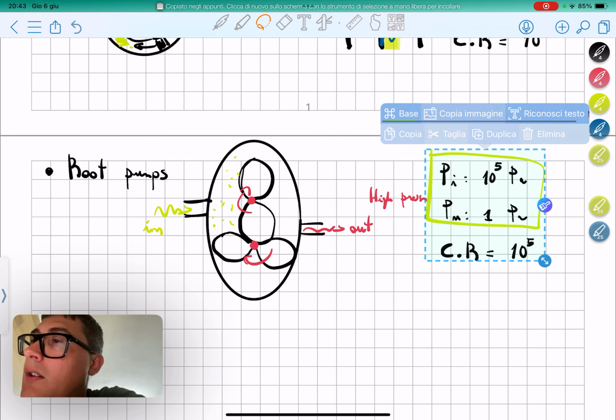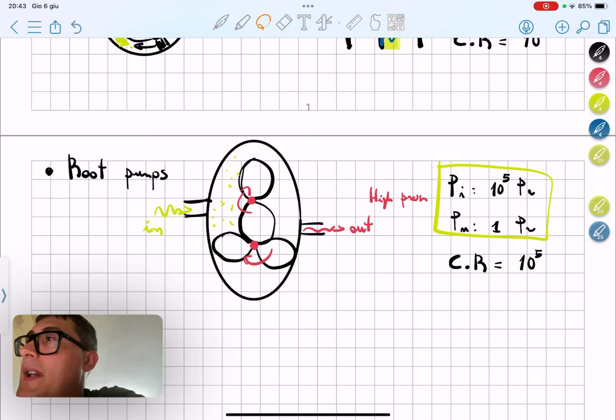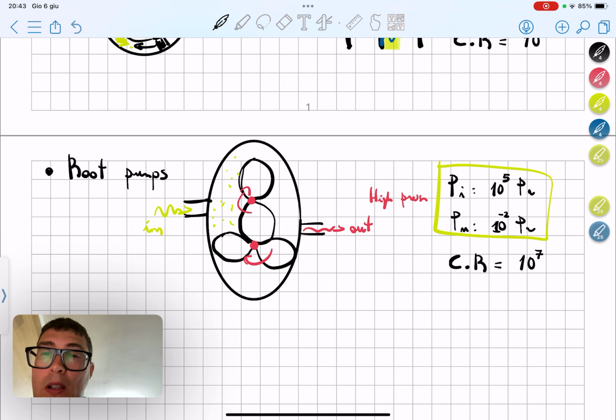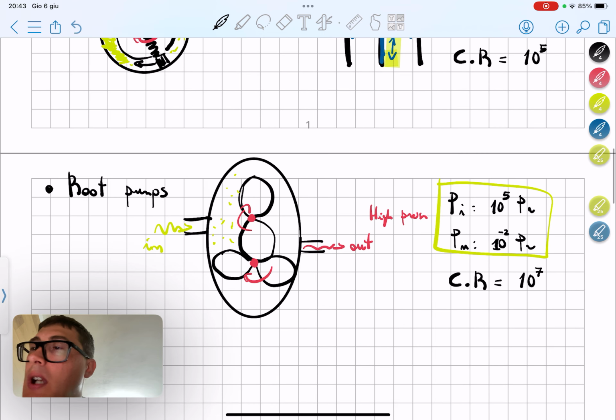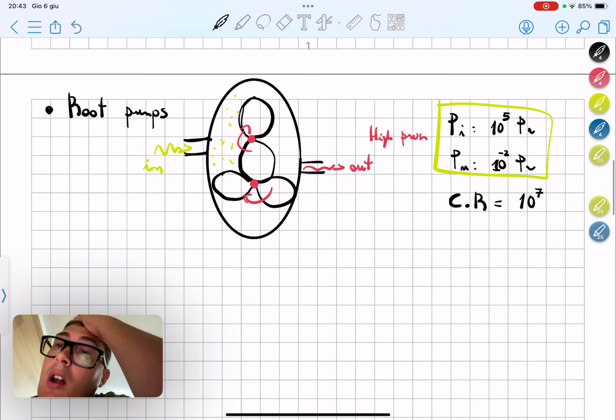If we keep this parameter, maybe we can say that it can reach 10 to the minus 2 or so Pascal. So we can also improve the compression ratio. Okay, so this is one way to get to what we call medium pressure.